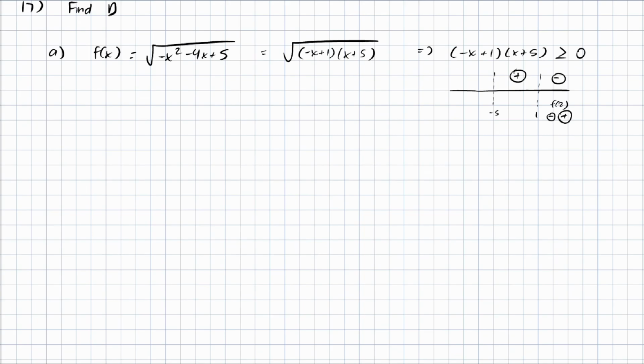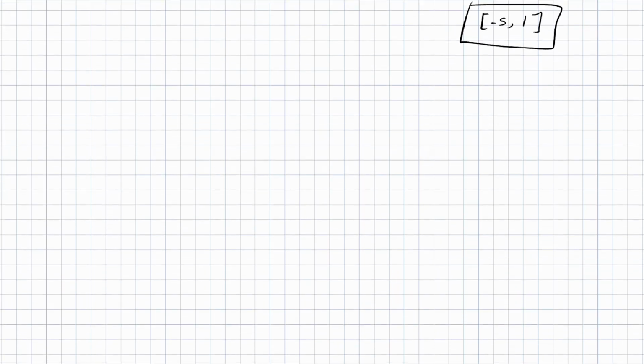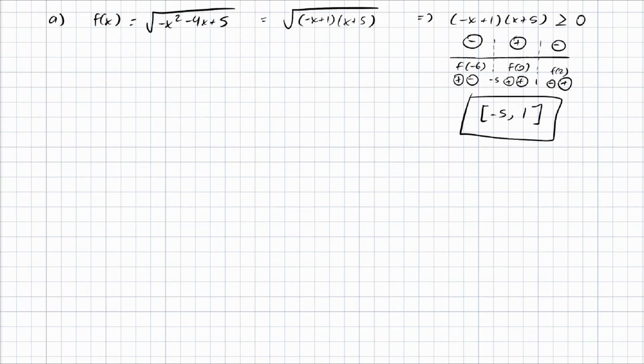And f of negative 6 would be positive, negative, so negative, right? So that means I only want from negative 5 to 1. So that is the answer, part A. Let's put it right here.